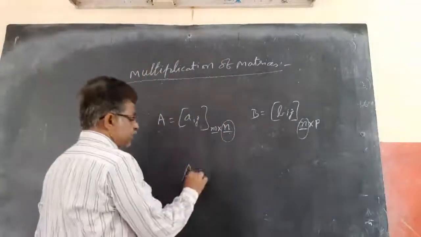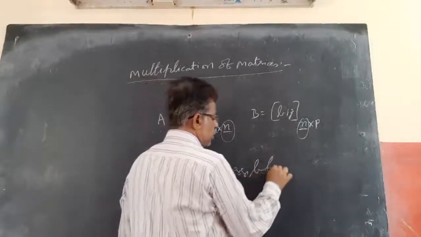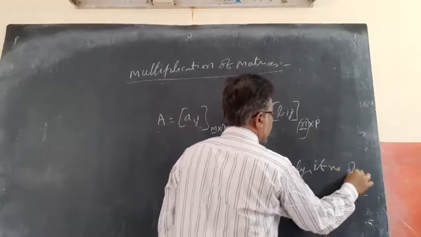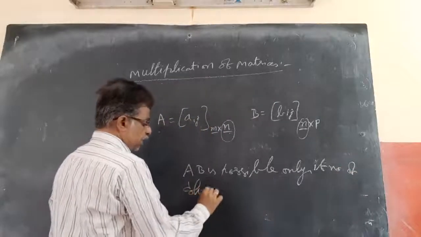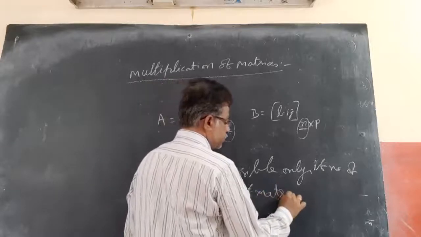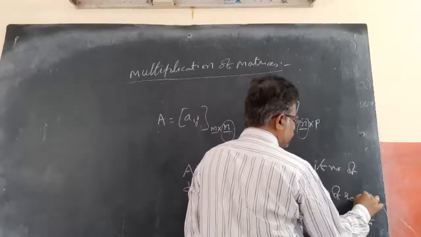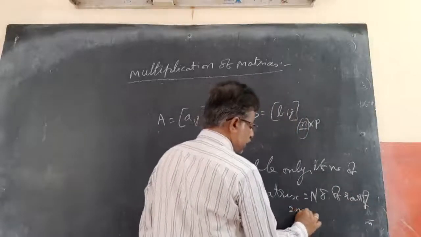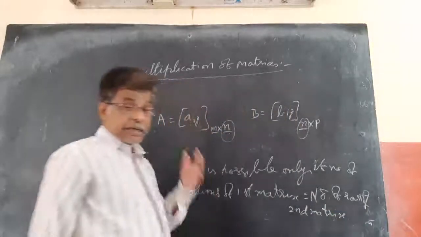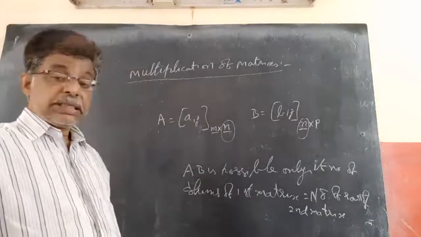AB is possible only if the number of columns of the first matrix equals the number of rows of the second matrix.